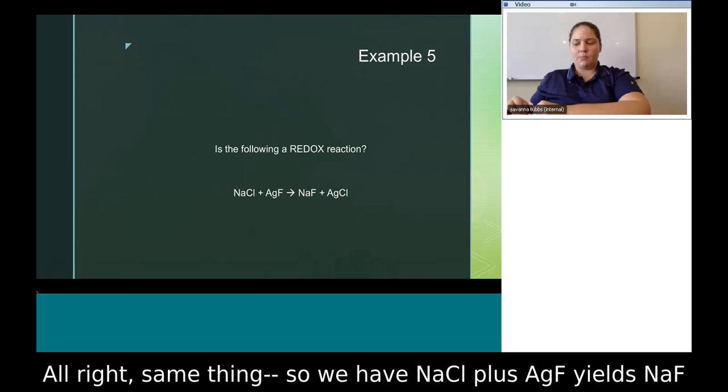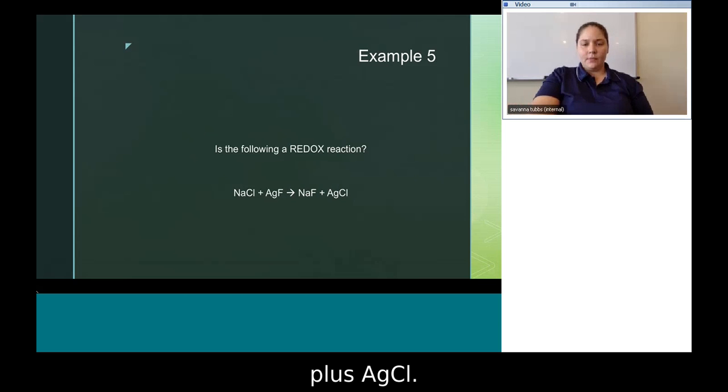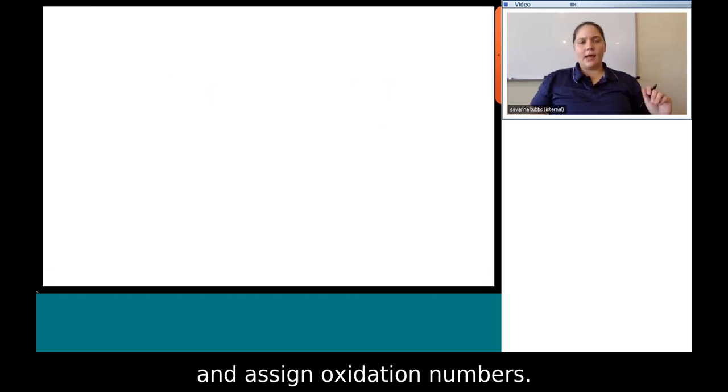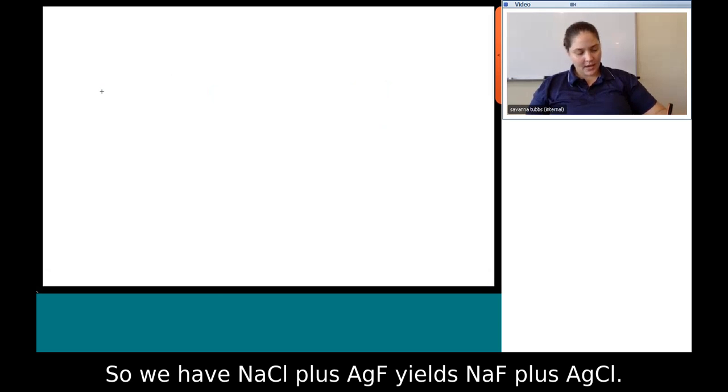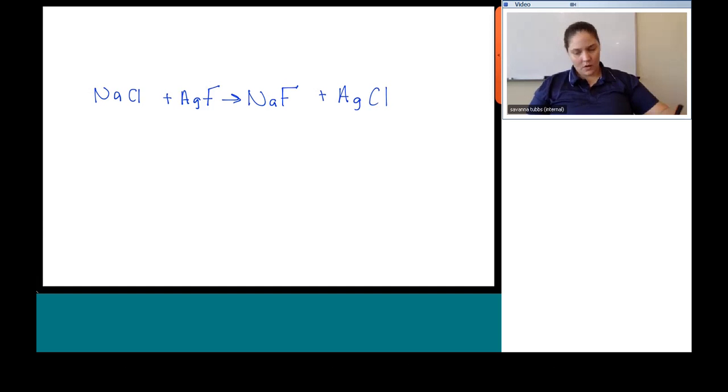All right, same thing, so we have NaCl plus AgF yields NaF plus AgCl. So let's go over here, rewrite it, and assign oxidation numbers. So we have NaCl plus AgF yields NaF plus AgCl.